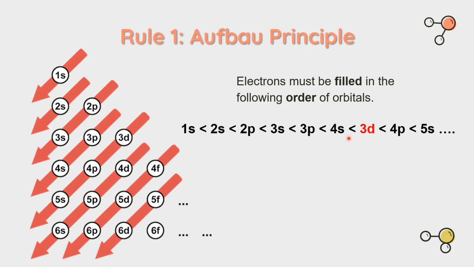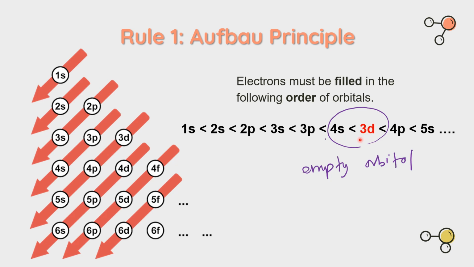But here we do have some irregularity between 4s and 3d. So for this empty orbital, kita belum lagi isi dengan elektron, the energy level of 4s here is a bit lower than the 3d.